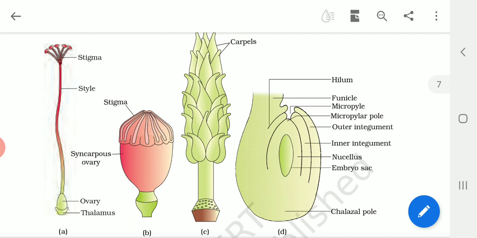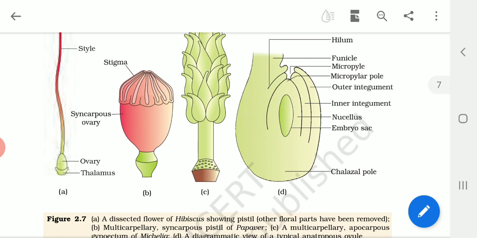The stigma provides a landing platform for the pollen grains, and the style is an elongated cylinder part present below the stigma, and then we have a swollen basal part called ovary.